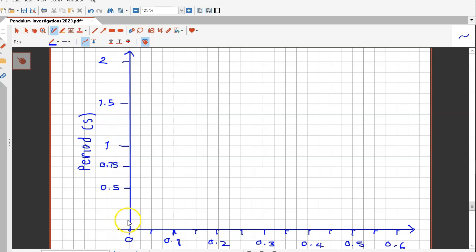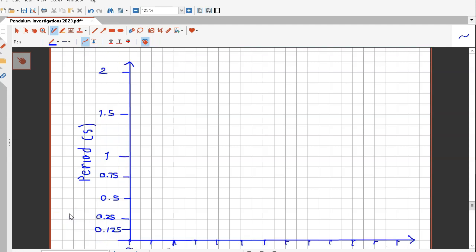Each one of these is worth an eighth, because there's a half there and this is a quarter. So I'm just going to write here, this is worth 0.25 and this is worth 0.125. So this gives you an idea how much each square is worth. Each square is worth 0.125.